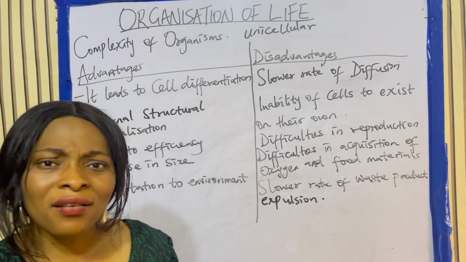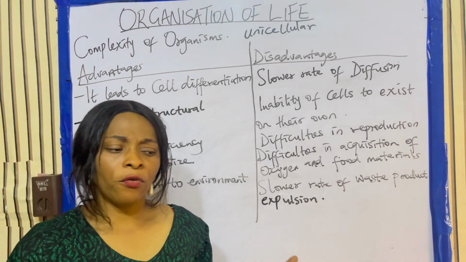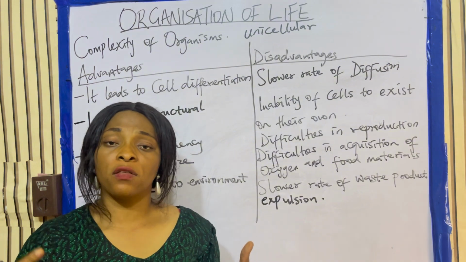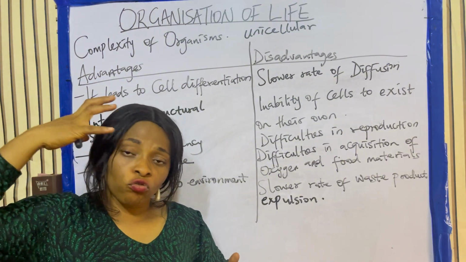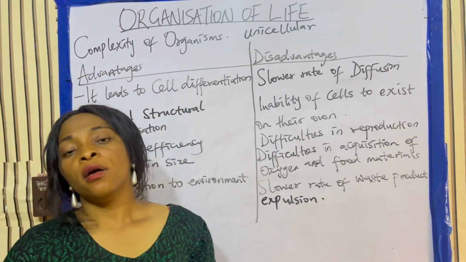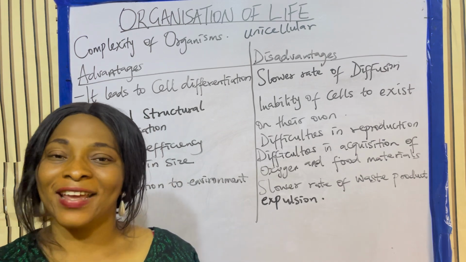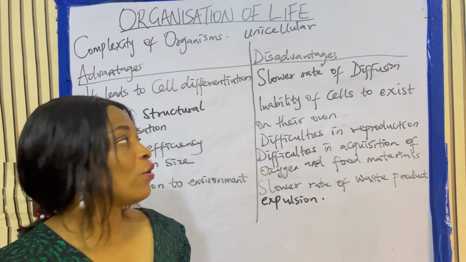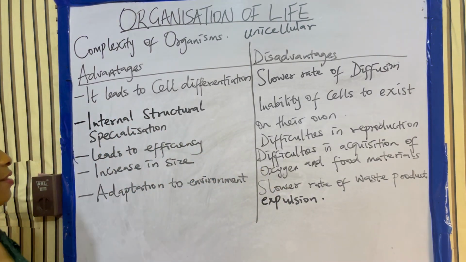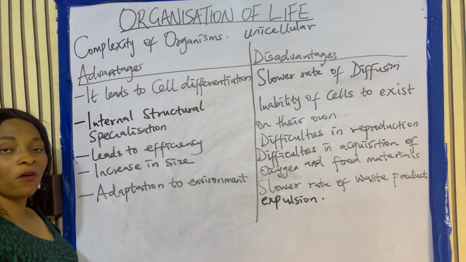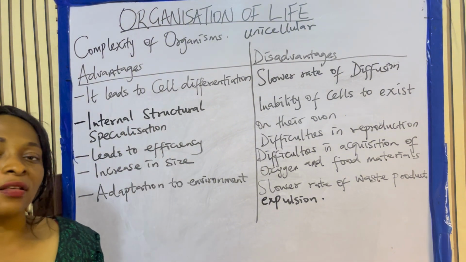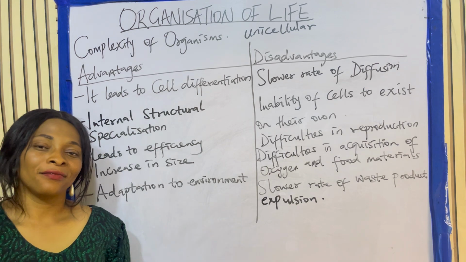Because they're too big. For excretion to take place, waste must go through the whole channels before excretion will finally occur. So these are the advantages and the disadvantages of complexity of organisms in higher organisms.